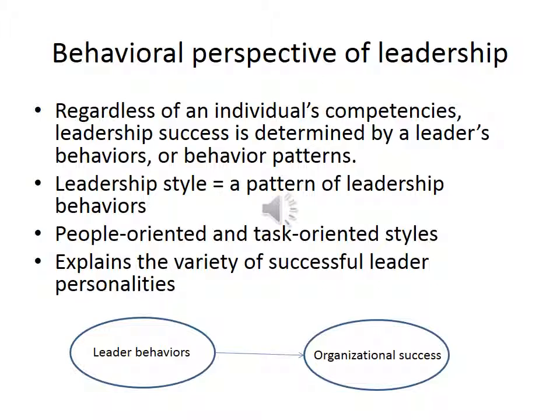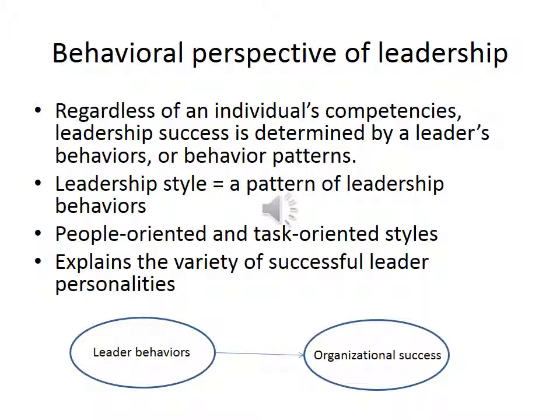The two types of styles are people-oriented and task-oriented. People-oriented basically says that leaders are very much into establishing trusting, deep relationships with people, and they show a lot of consideration for people, and that's important for motivating, especially from the heart type of leadership.